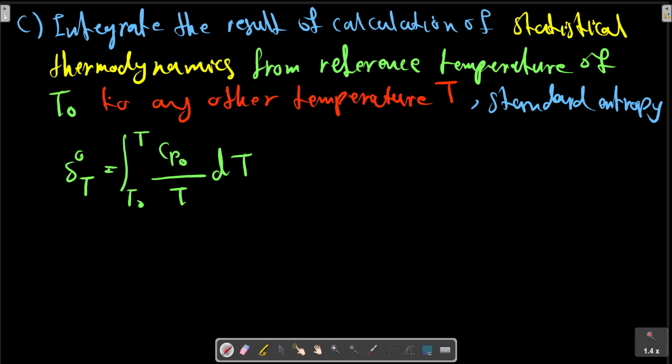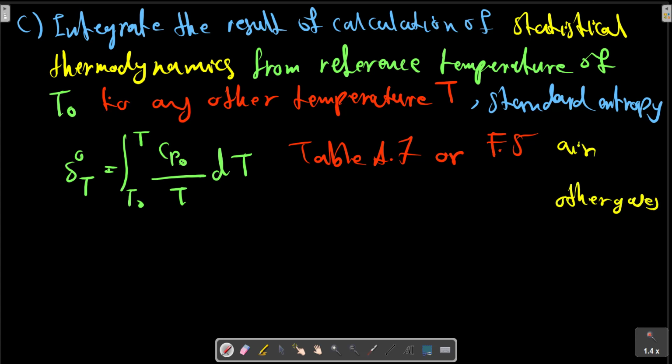This function can be tabulated in a single-entry ideal gas table, as in table A7 for air, or for other gases we have table A8.